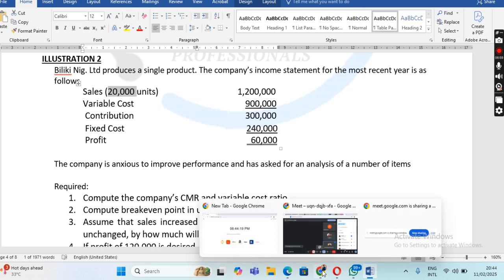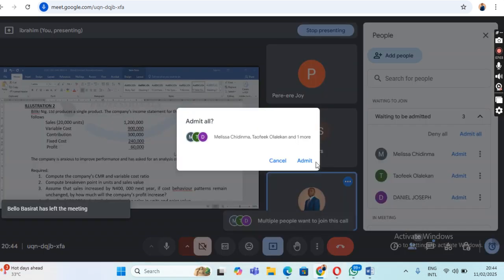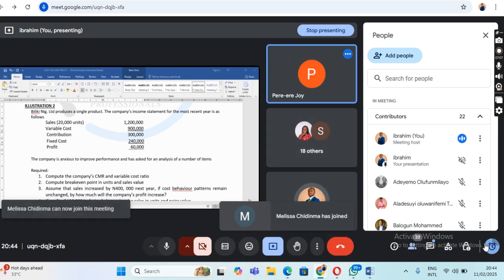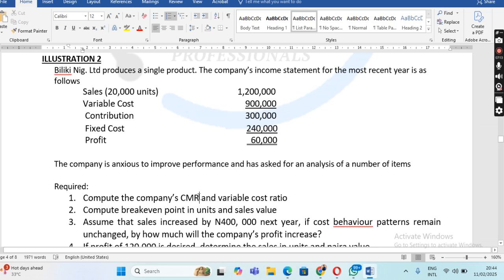Class, am I communicating? Yes, sir. Okay, if that is established, we move on. The formula is contribution divided by sales times 100.